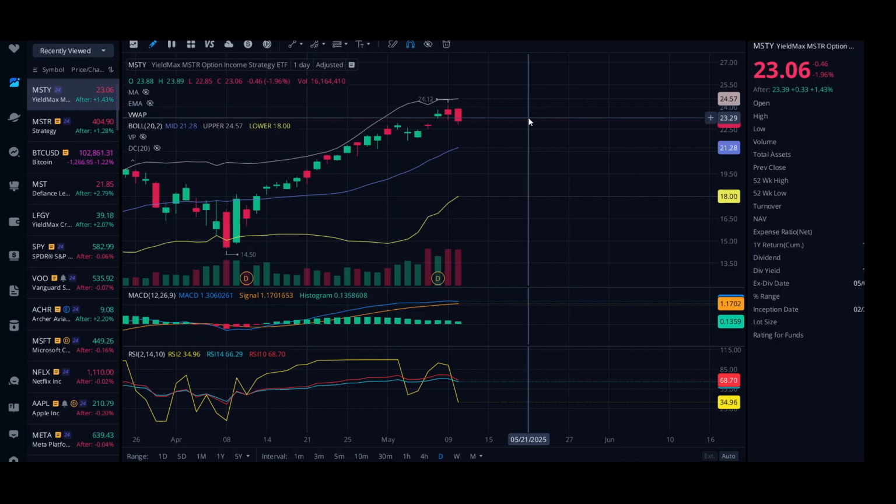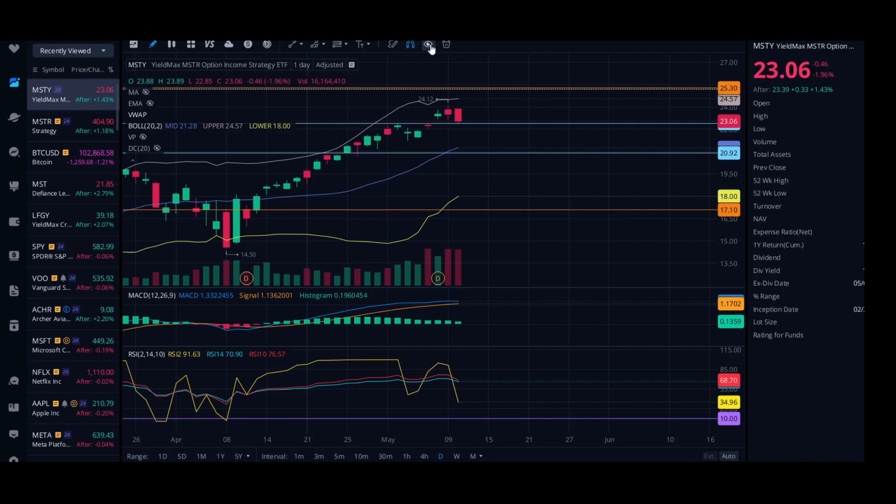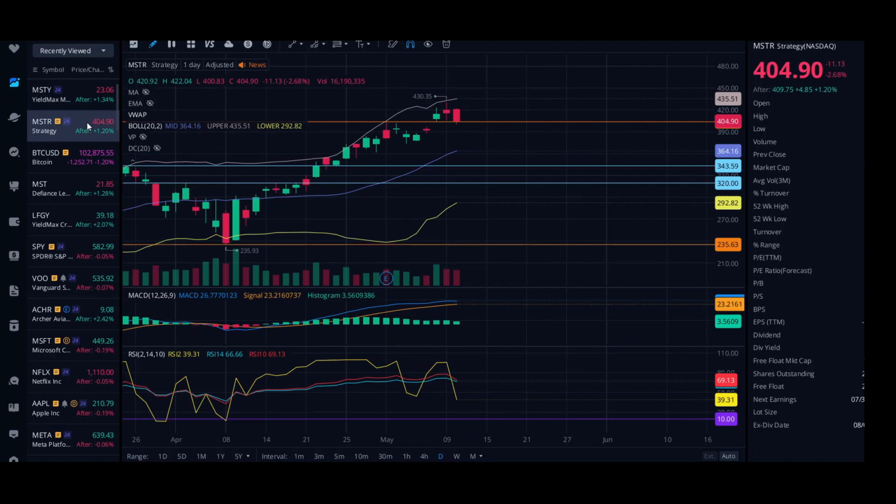So for MSTY currently, like I said here, we are coming down a little bit. But with those lines turned on, we are at that support line right here. If we bounce off of that, this could be a pretty good support line, but we'll see. And for those out there who want to see it on MSTR, it's the same, right?